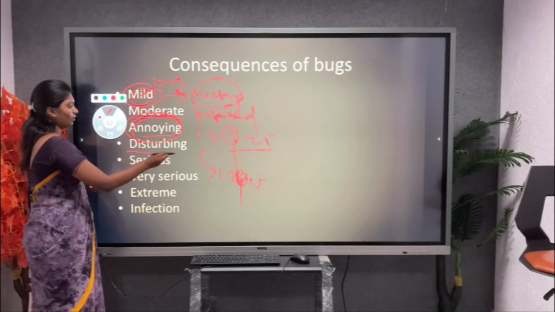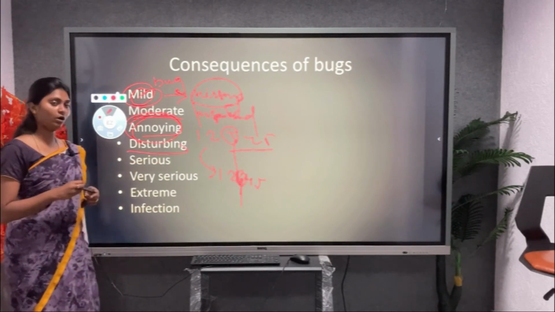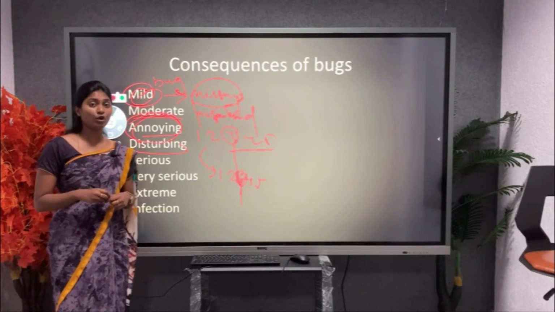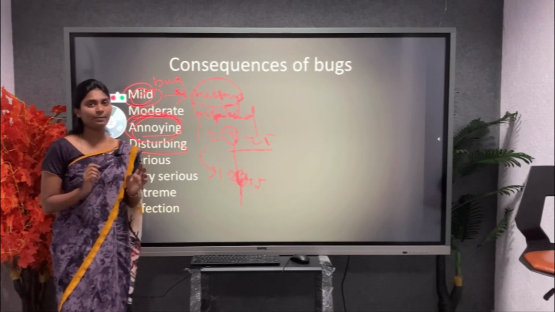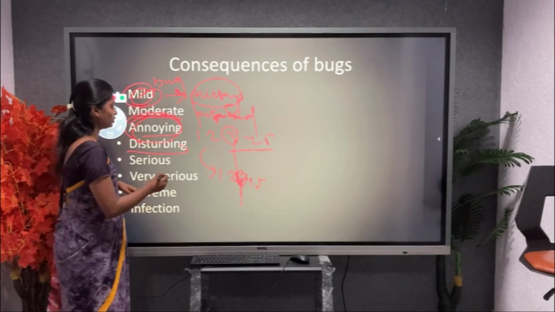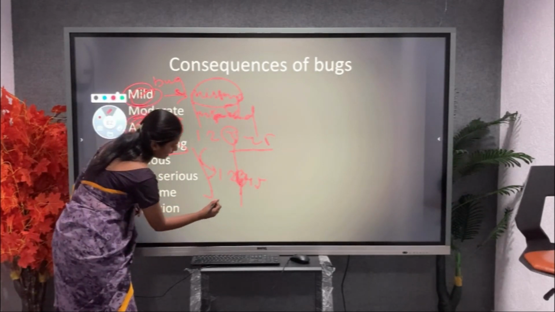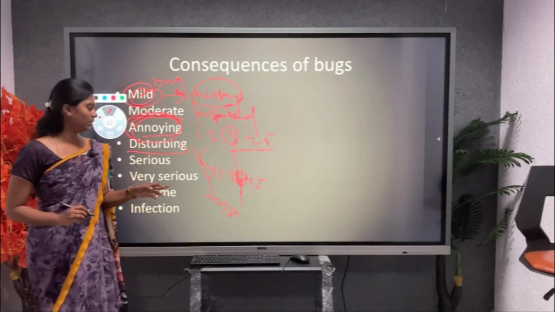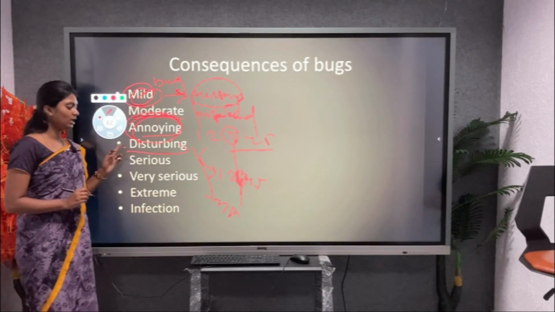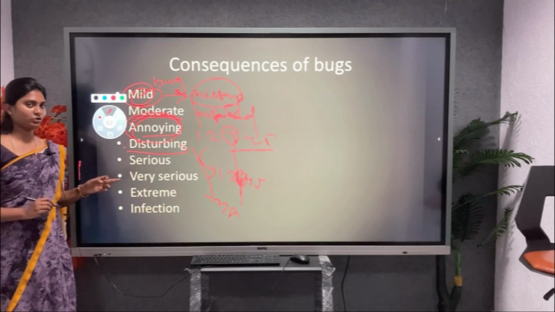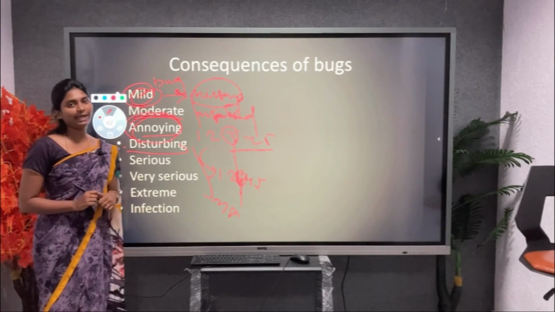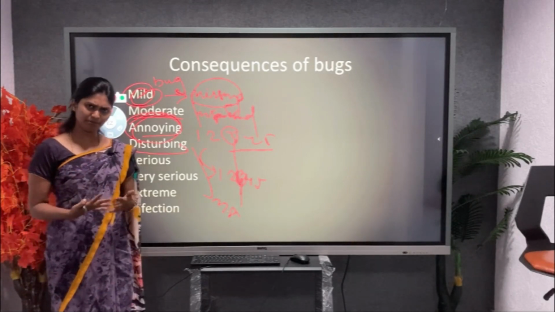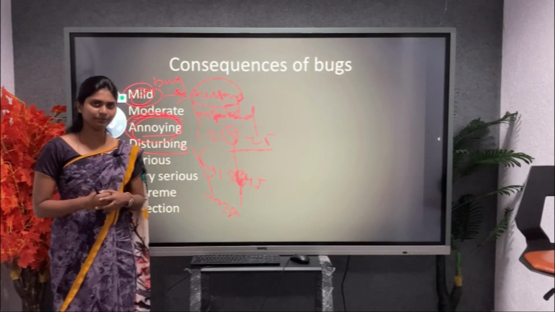So next one is disturbing. Disturbing means many accesses or many transactions, and bugs will occur. For example, take bank transactions: we deposit many transactions day by day, right?